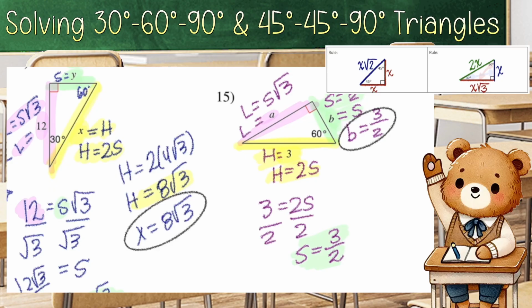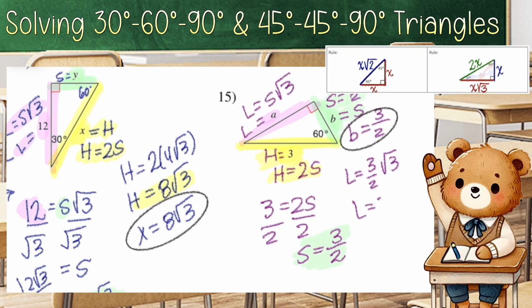Okay, and now for my long leg, L equals S, which is 3 over 2 root 3. Next to and numerator basically mean the same thing. So you'd probably write 3 root 3 over 2 if we're a little bit more proper with how we write our answer. You know, it looks a little nicer that way. Not that it's much of a difference if I switch that up a bit. All right.